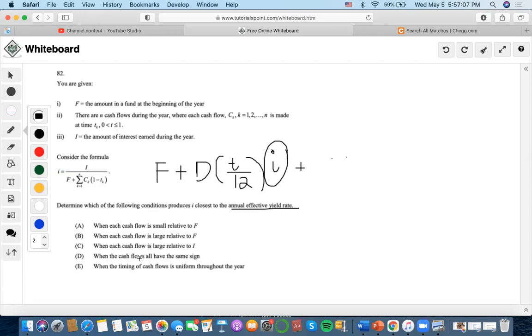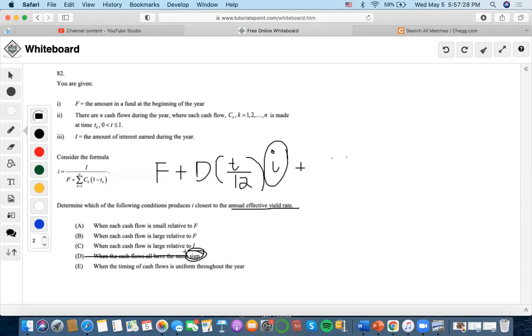I don't think the sign of the cash flows could play a significant matter in producing I closest to the annual effective yield rate that we have. So I think C would be out.